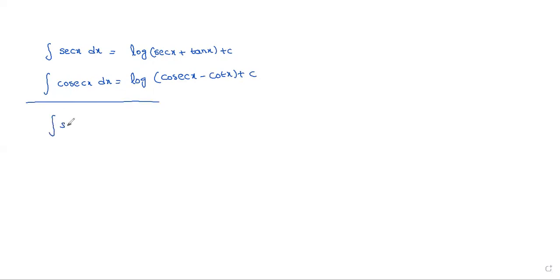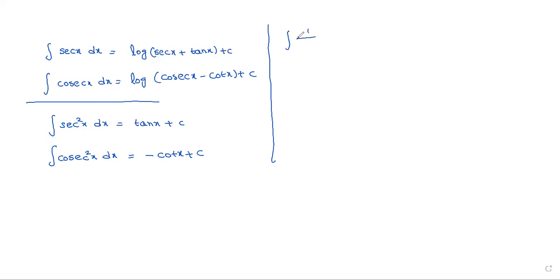Integration secant square x dx is tan x plus c. Integration cosecant square x dx is minus cot x plus c. Next, integration 1 by root of 1 minus x square dx, inverse trigonometric function, sin inverse x.